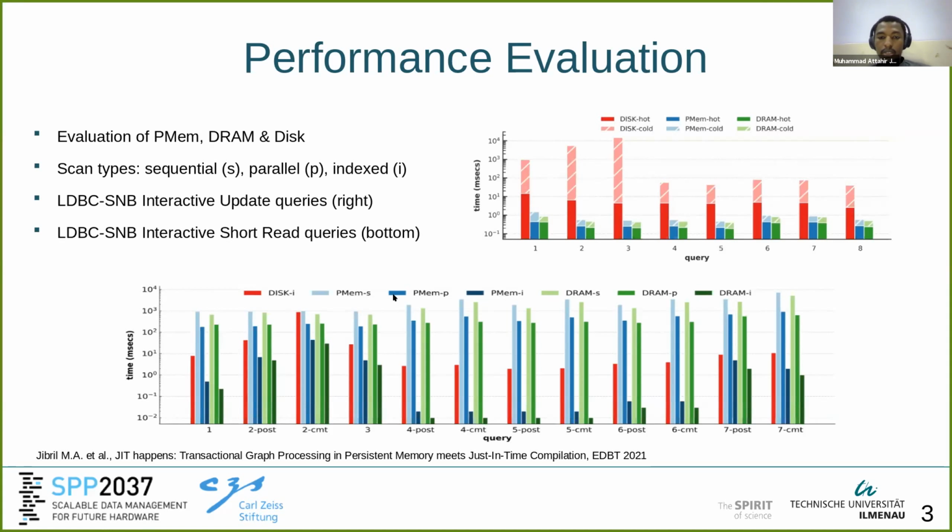The main message we get from this evaluation is that a system that is well optimized to exploit the characteristics of PMEM can achieve near DRAM performance, as we can see in these figures, especially for the index lookup, which minimizes access to PMEM.